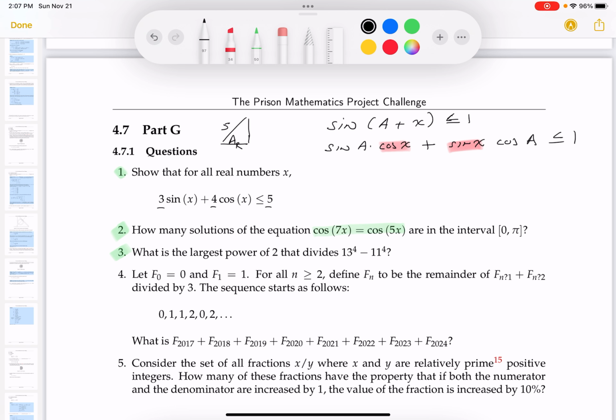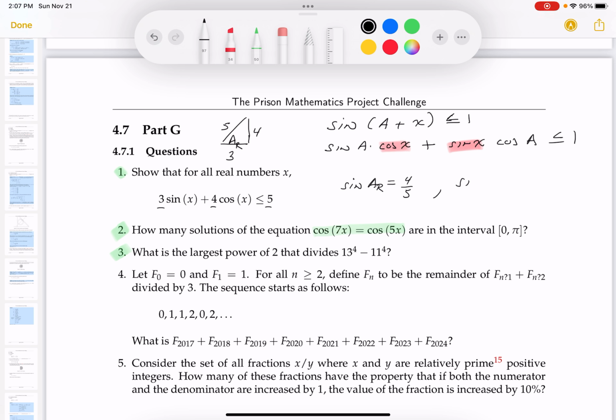And let's take a look. If I'm taking a look at this, I want the sine of A. I want the coefficient of the cosine to be a 4, right? So let's try this. 4 and a 3. So I'm going to put this down. The sine of A reference would be equal to 4/5, right?